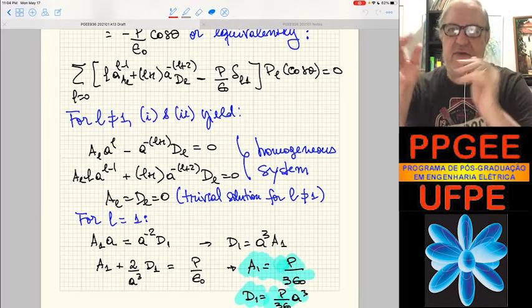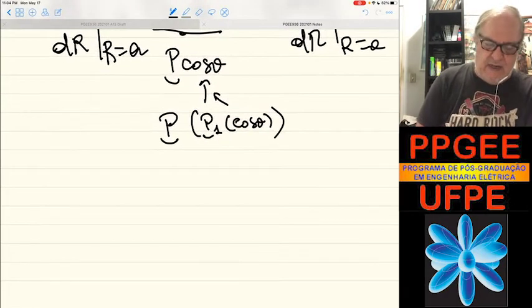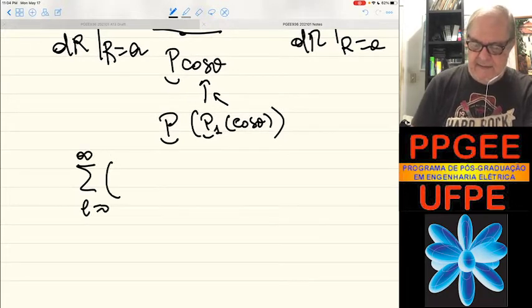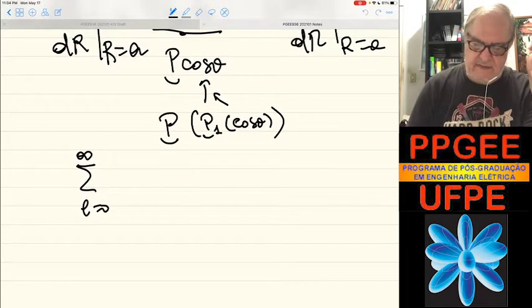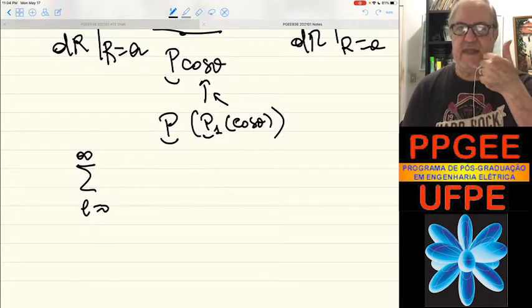something times PL cosine theta, right? We are going to have two sets of equations like this. I'm going to say combination. The constants that are different from 0 are AL and DL.